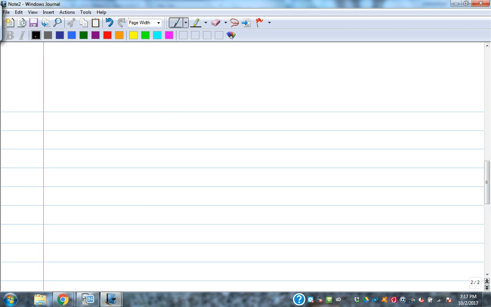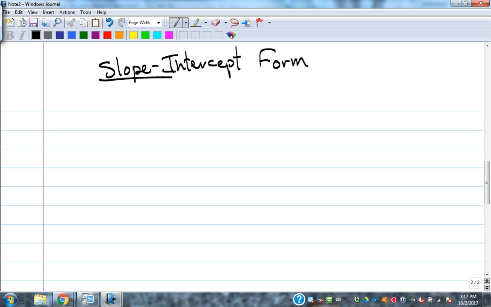Let's look at that slope-intercept form, which clears up the idea of the correct equation. Okay? Slope-intercept form, we've talked about a little bit already. F-O-R-M. Slope-intercept form, y equals mx plus b.